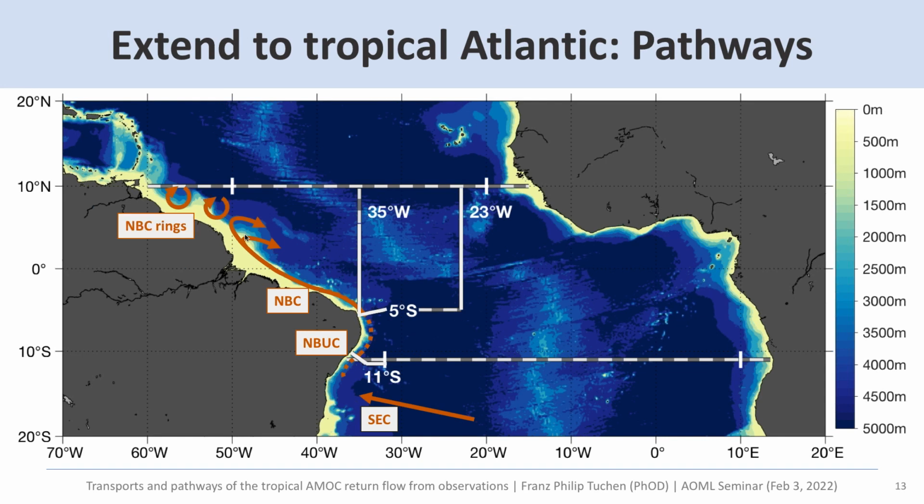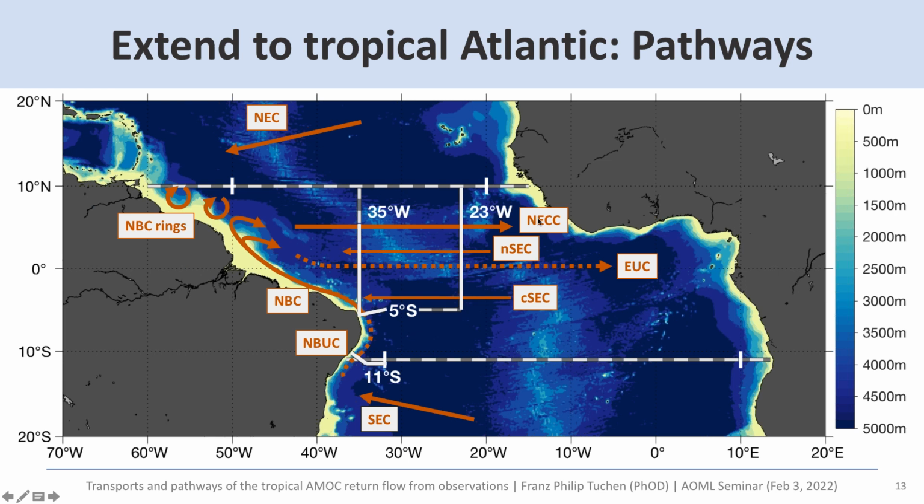One consequence of this is that it sheds NBC rings to the northwest, which are then crossing our section at 10 north, and together with the NEC, they are pushed into the Caribbean and follow the western boundary AMOC pathway. Another consequence of the unstable NBC is that it retroflects back into the tropical Atlantic, supplying the north equatorial countercurrent with surface water and supplying the equatorial undercurrent with thermocline water.